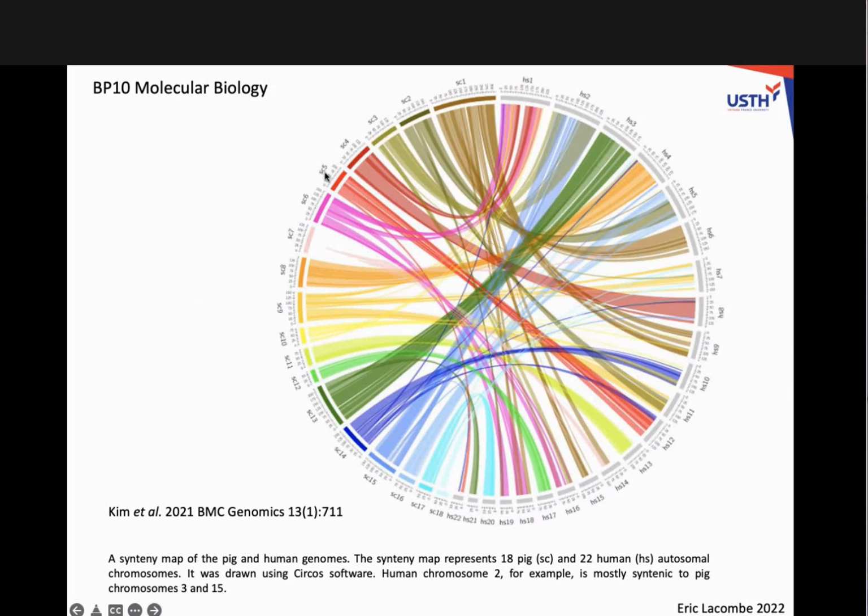One which is very strong, for example, is chromosome 5 in pig, which is almost 100% of chromosome 12 in human, except this little bit here that goes to 22 in human. So that's a way to represent the structural relationships between two genomes from two different species. We use this kind of map when we want to compare whole genomes.